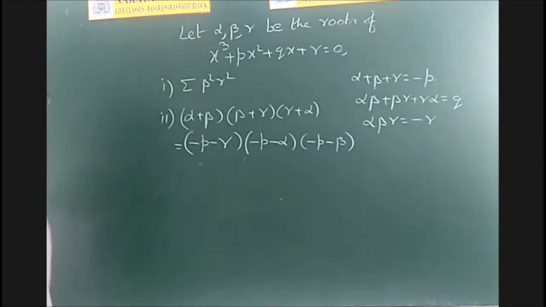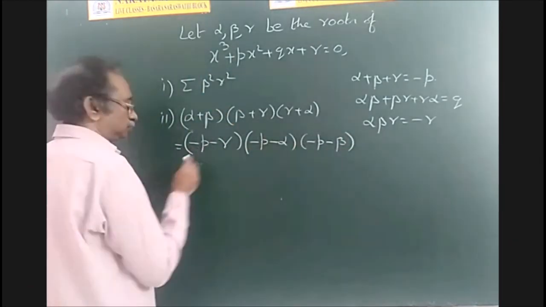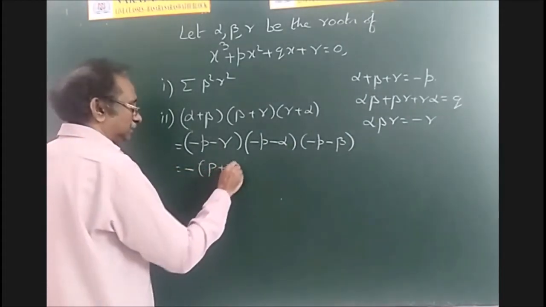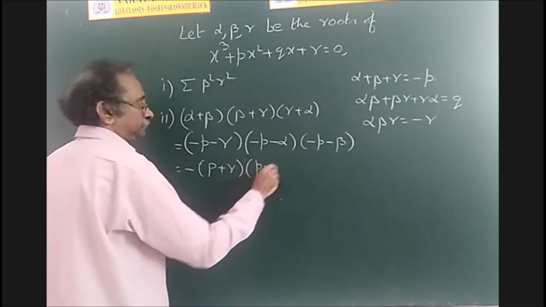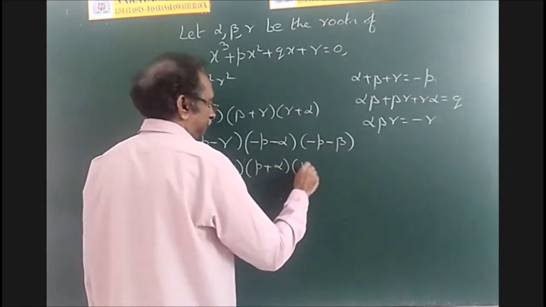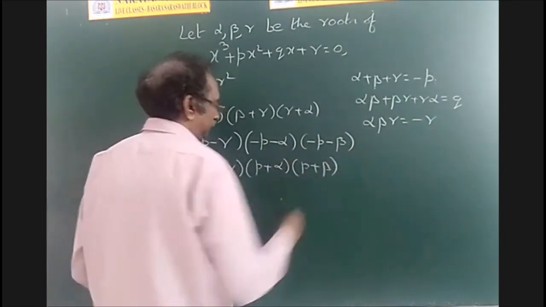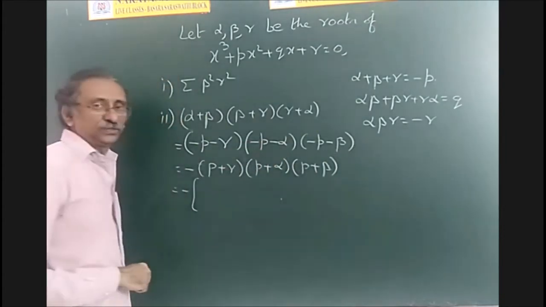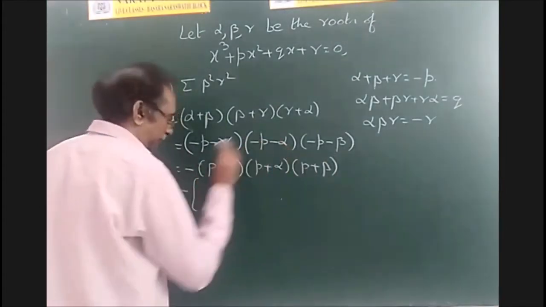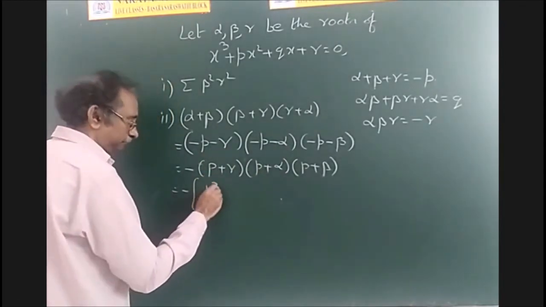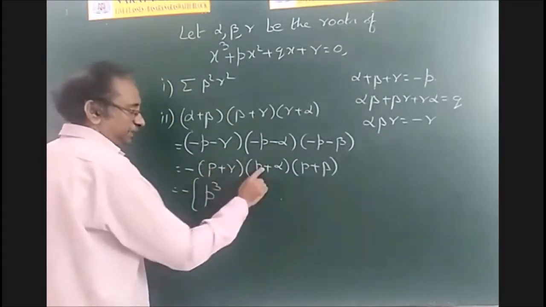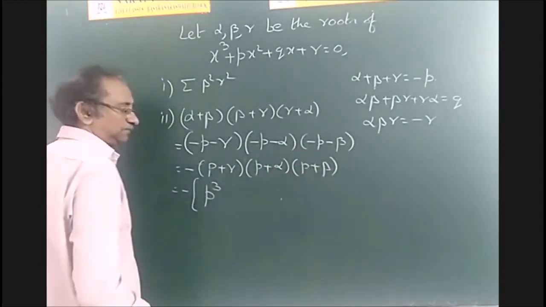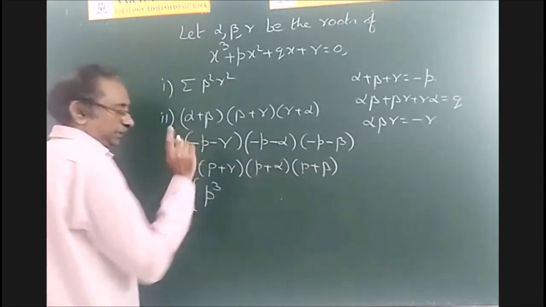So that is the first step. So minus into minus into minus, that is minus into (p plus gamma)(p plus alpha)(p plus beta). Now if you multiply everything, what will you get? p into p into p gives p cube, then p square into beta, p square into alpha, p square into gamma.